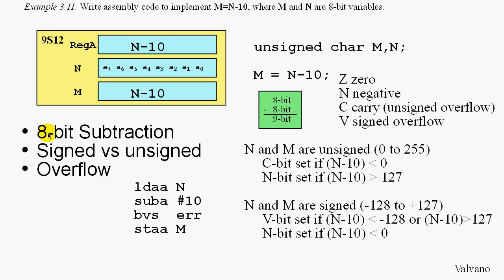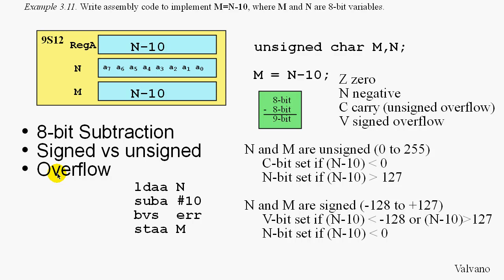So, in summary, we saw the 8-bit subtraction, and we used an 8-bit subtraction instruction on register A to perform the operation. And second, we looked at the signed versus unsigned nature of the subtraction, looking at the C bit if the numbers were unsigned, and looking at the V bit if the numbers were signed in order to check for an error.